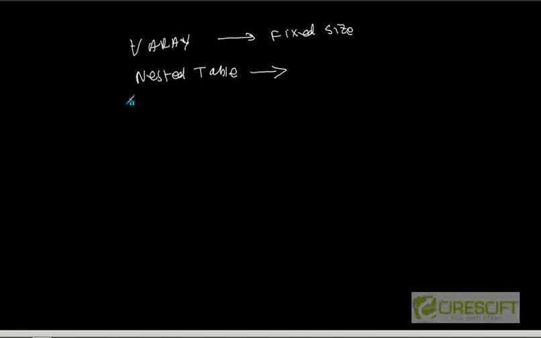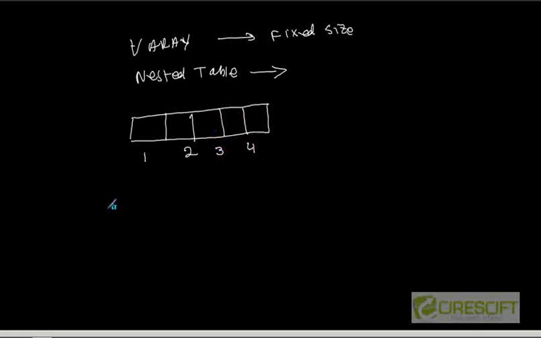But in both VARRAY and nested table, if you notice, my index is always a number, and those things always go in a sequence. However, we need to store some kind of key value pair.